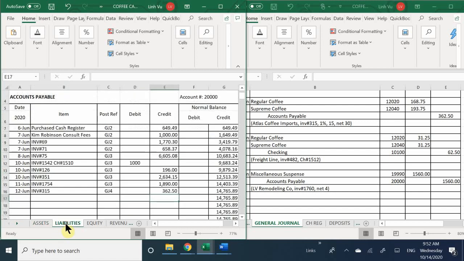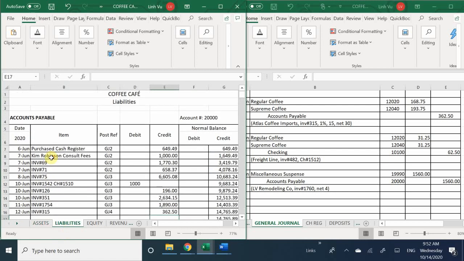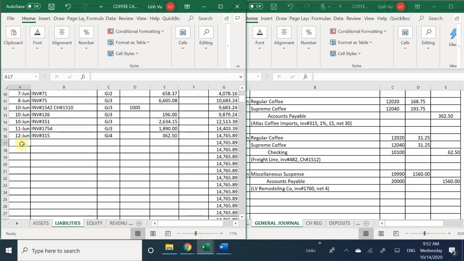And because we are placing it on an account, we're going to go to accounts payable. It's June 13. We are also going to write invoice number 1760. We know that's from general journal number 4.